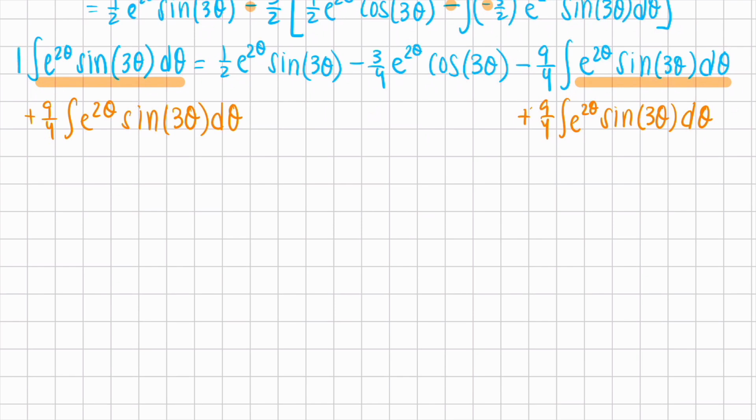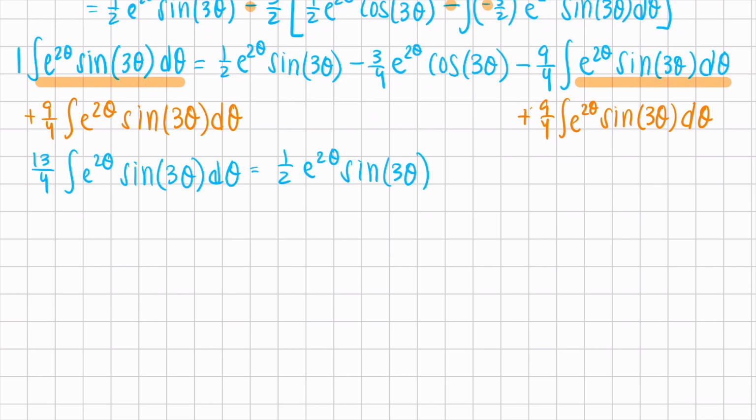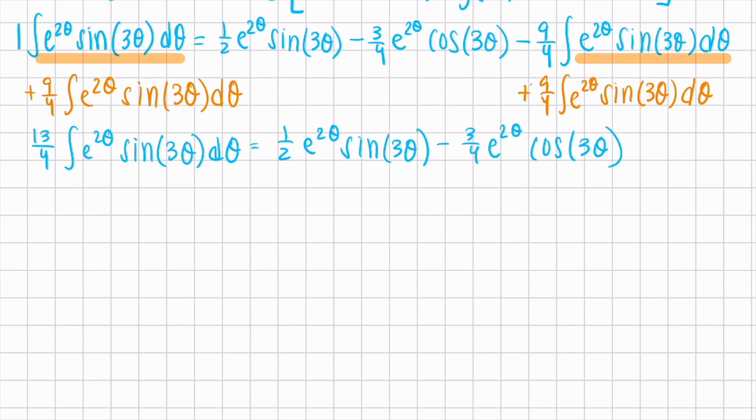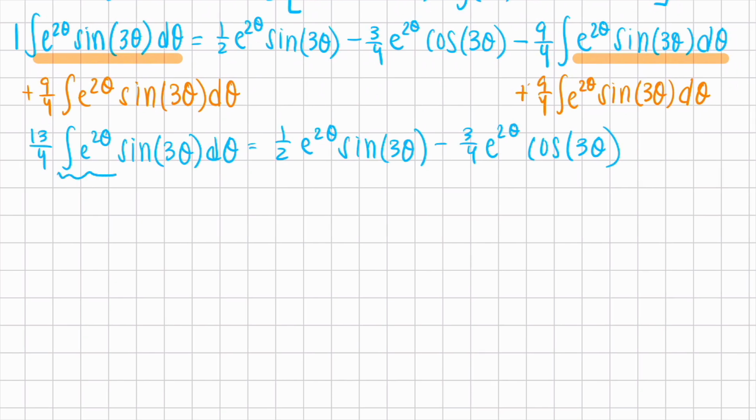So keep in mind that this is 1, so 1 plus 9/4 is going to be 13/4. And I'm just going to copy everything else down. Okay, now I don't want to know what 13/4 times my problem equals. I want to isolate my original integral. So now I'm going to multiply both sides of the equation by 4/13.